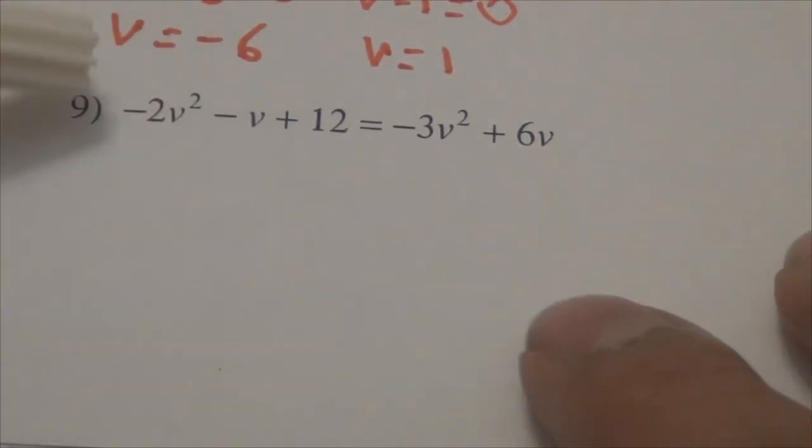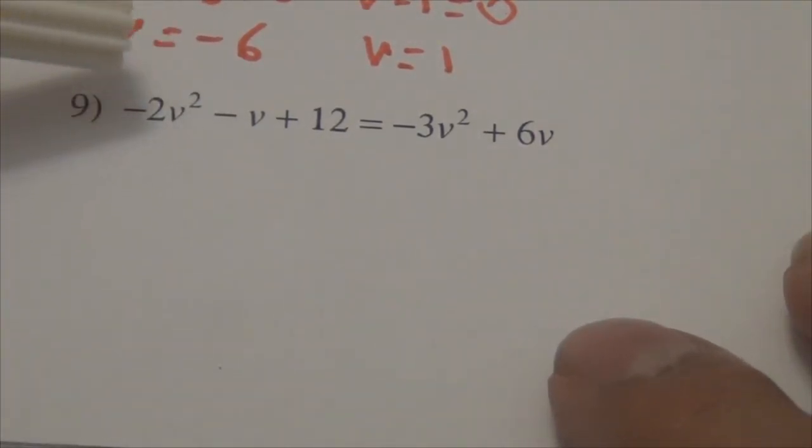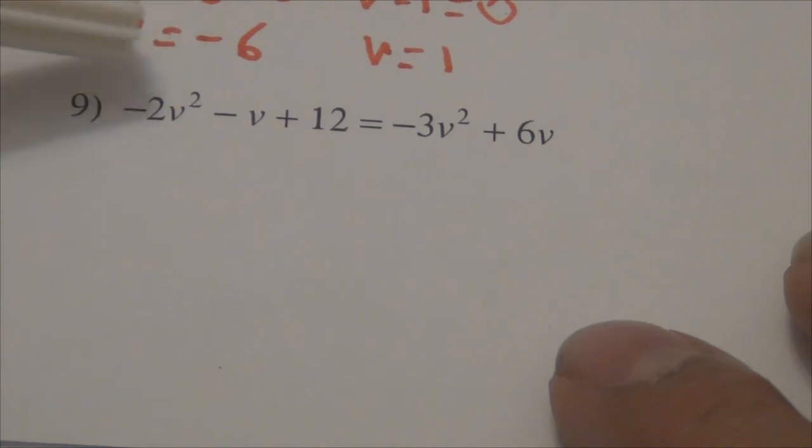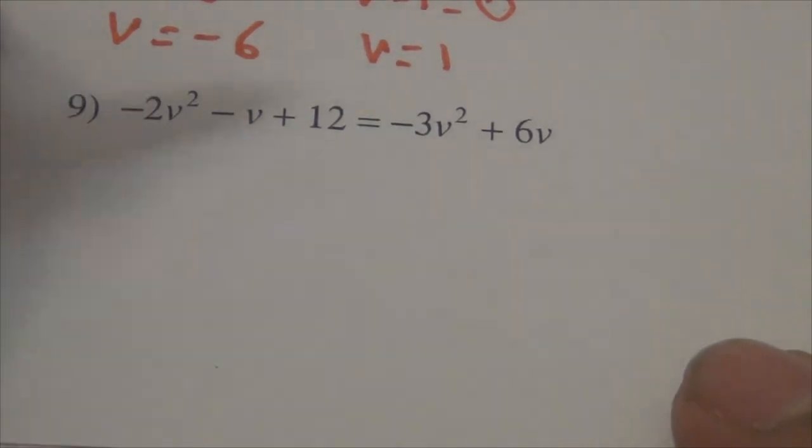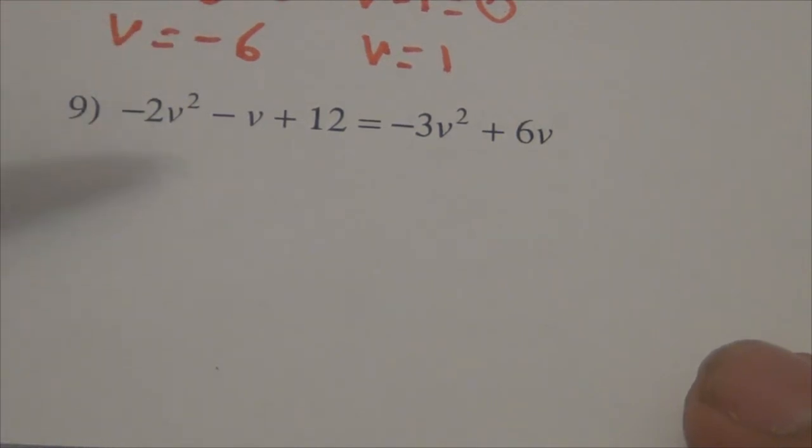Solve for 0. Look at this. The coefficient of b squared, the square term, is negative. So I want it positive. And how do I make it positive? Well, remember, you have to make one side equal to 0. If you have a negative square term, it's easier to make that side 0 than the other.